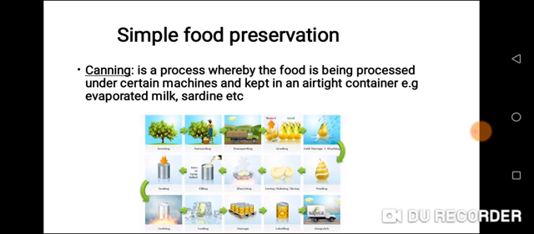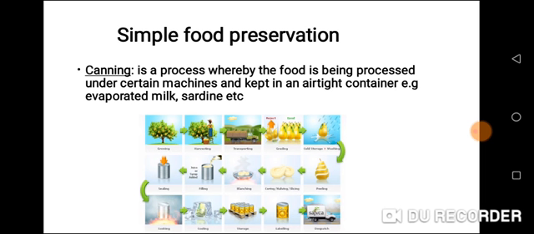Canning. Canning is a process whereby the food is being processed under certain machines and kept in an airtight container. For example, evaporated milk, sardine, etc. All these canned foods are being processed under certain machines and under warm temperature.